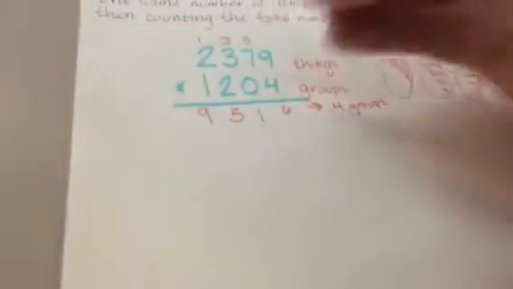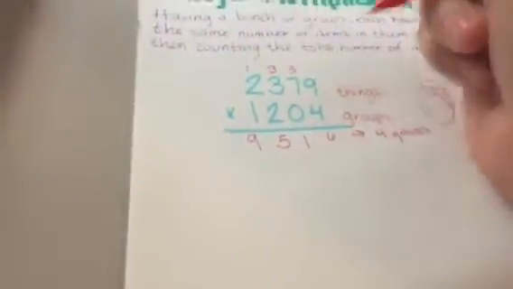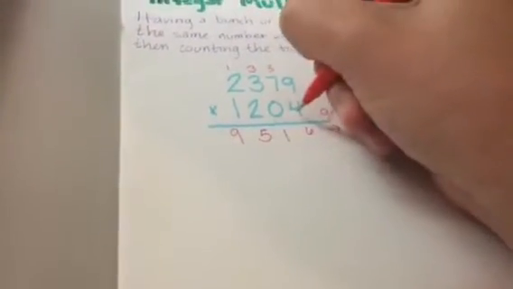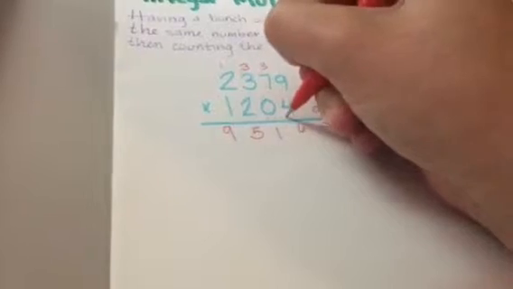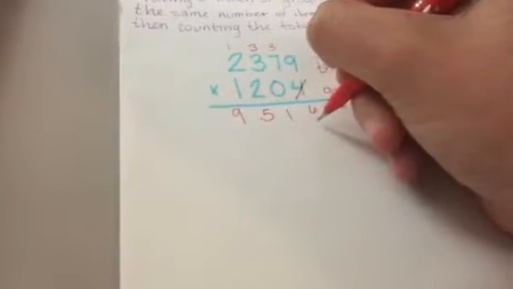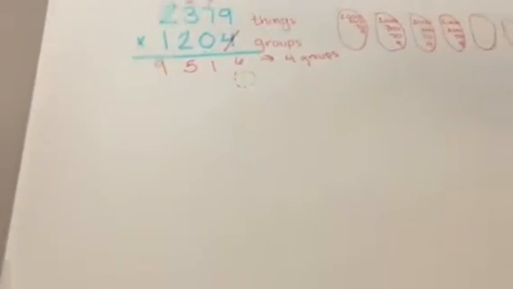Now I'm going to focus on these 2 numbers, which is my tens place. Each time that we're done, for example, here I'm done with the 4, so now I'm going to move on to the next number. But each time we move down, we add a 0. So the question is, why am I going to add a 0? Each time you multiply something that has a 0, it's going to give you a 0.